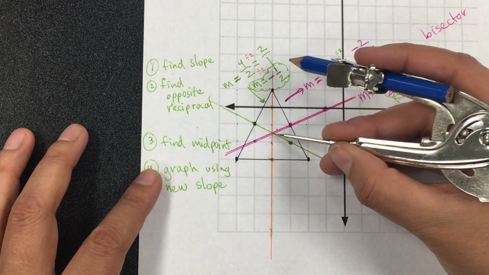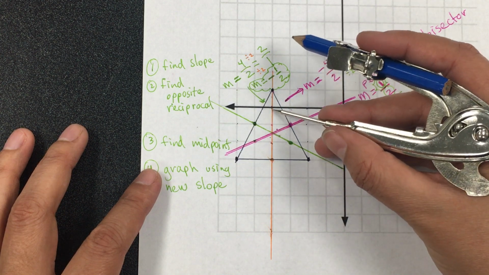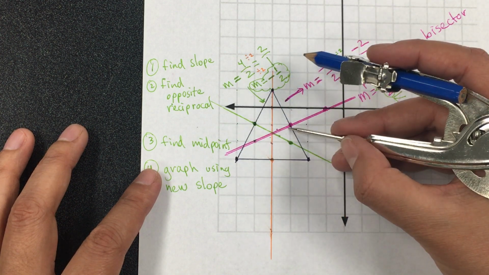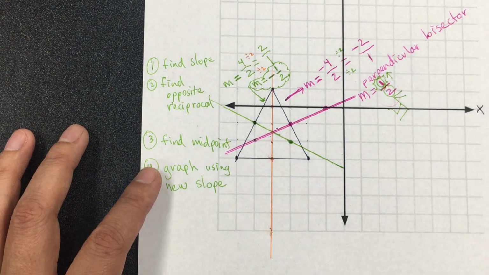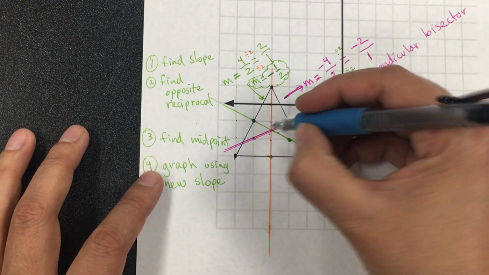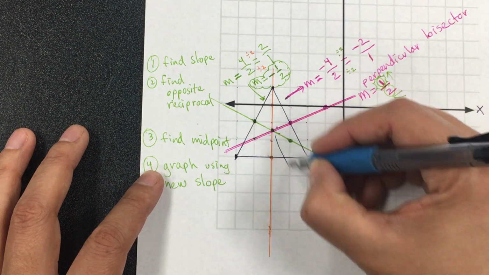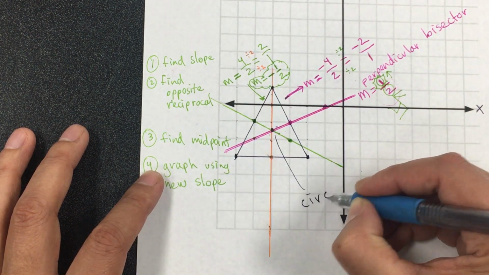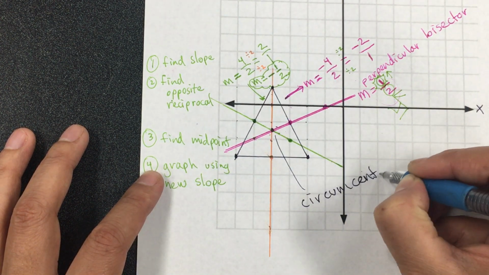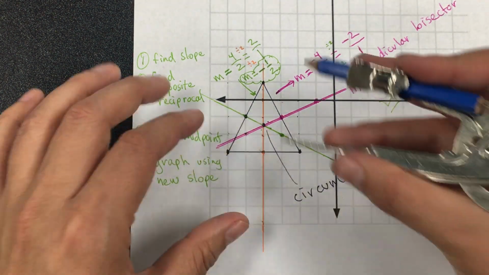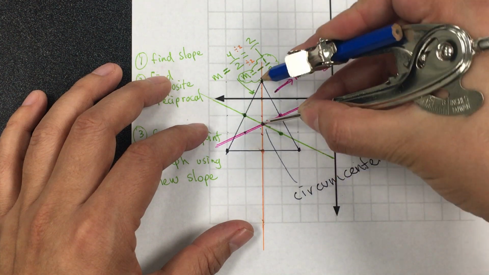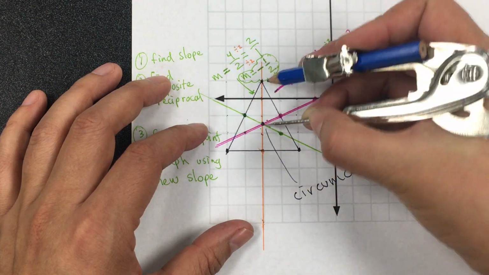Now that I have the circumcenter, which is where the orange, pink, and green lines meet, that means that's the circumcenter. And that point is always the same distance from any of the vertices, so you can just choose any of them.